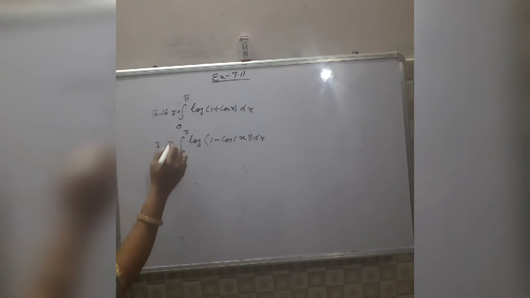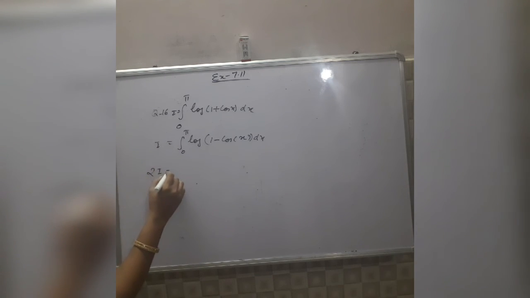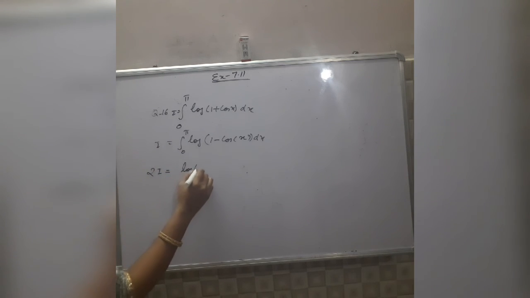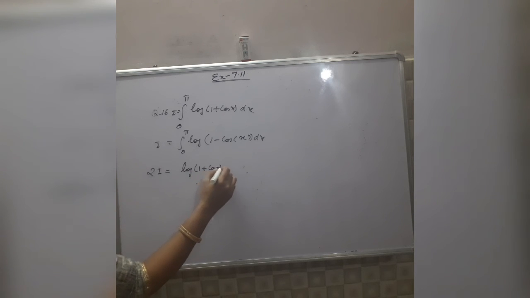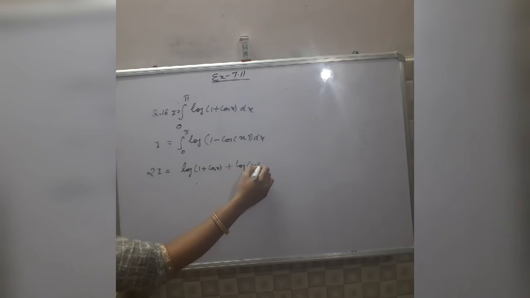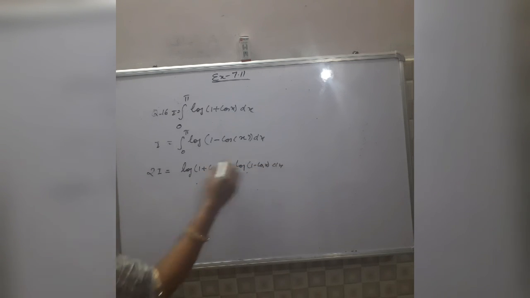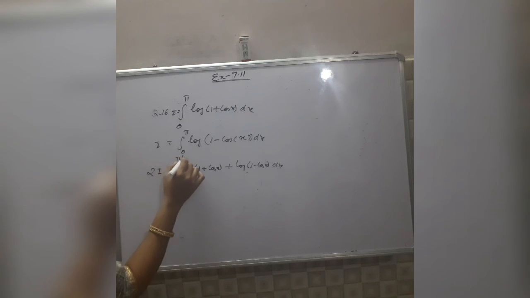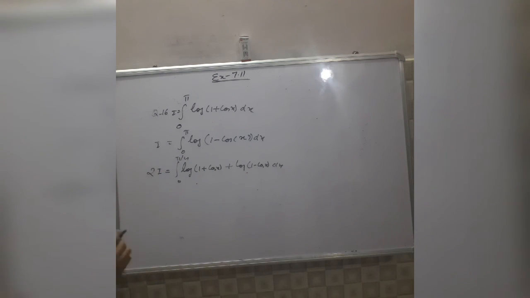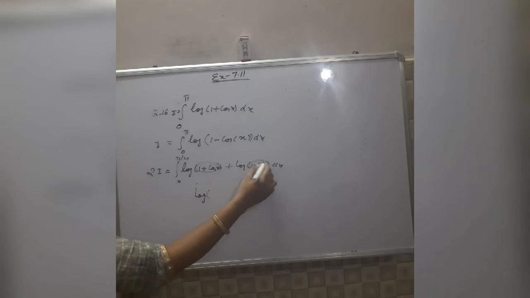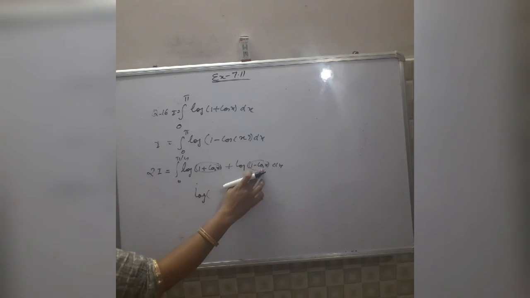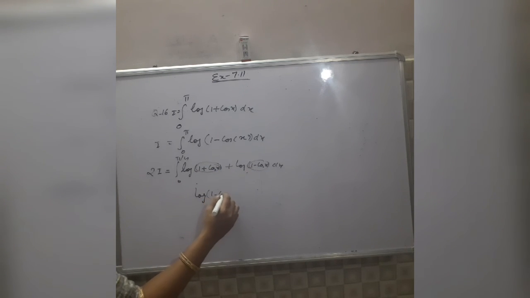So now adding these two results, I plus I becomes 2I, then log of 1 plus cos x plus log of 1 minus cos x, and all of you know that log m plus log n can be written as log of m into n. When you multiply these two terms, 1 plus cos into 1 minus cos becomes 1 minus cos square, and 1 minus cos square can be written as sin square x.